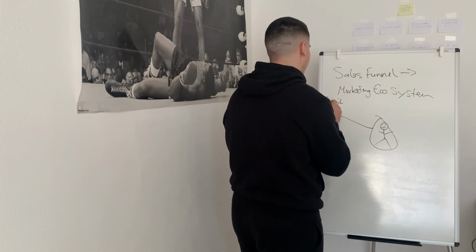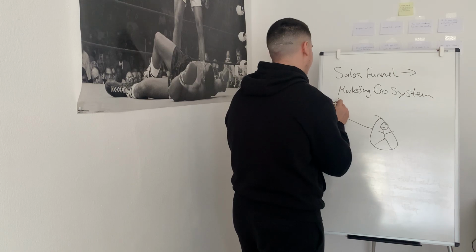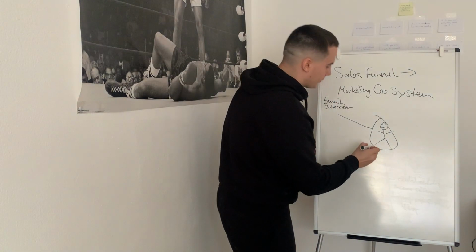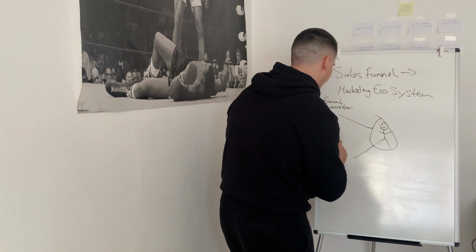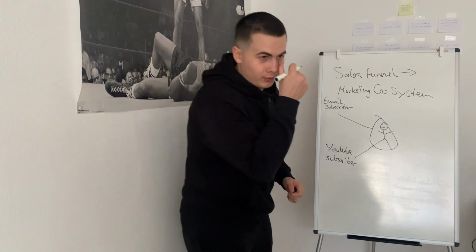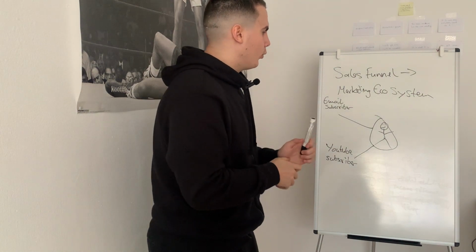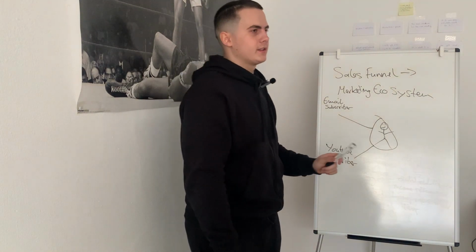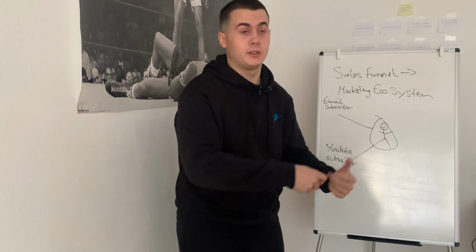That's one channel, email subscriber, right? Maybe he's subscribed to our YouTube, great. YouTube subscriber, right? And just the way I just explained it, right? We don't know where he is really coming from, so that's why we need to hit him from every angle.